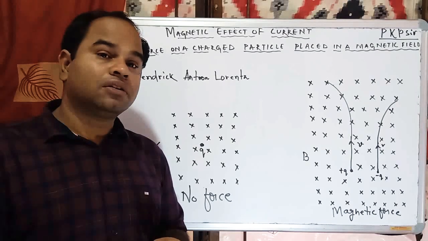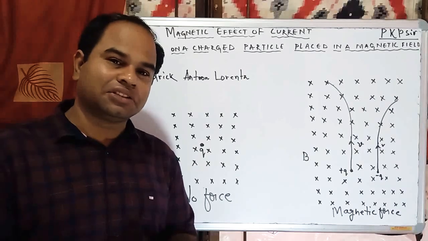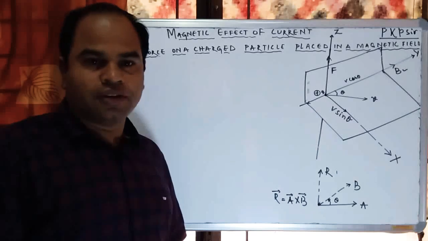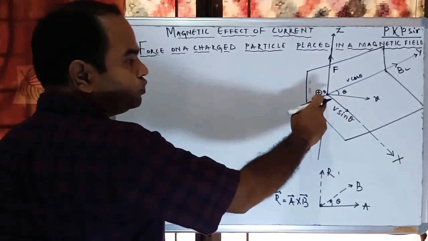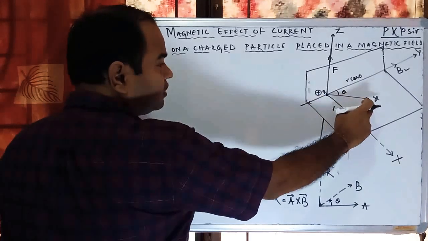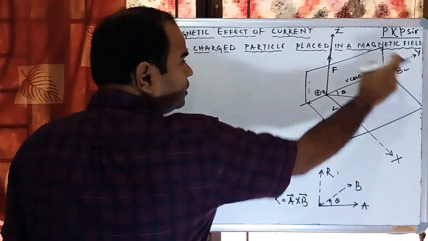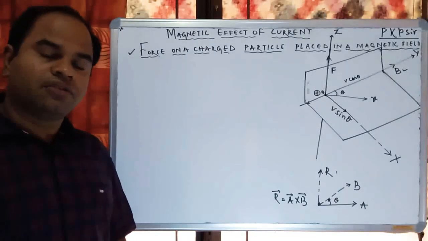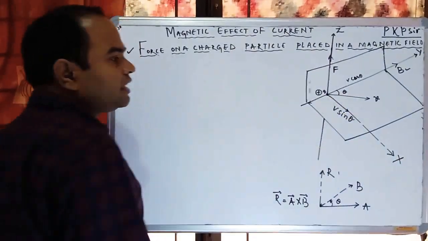Next we will find the magnitude of magnetic force and its direction. Okay. Let us consider a positive charge Q moving with velocity v in a uniform magnetic field B along the y-axis. Let that velocity v make an angle theta with the magnetic field.